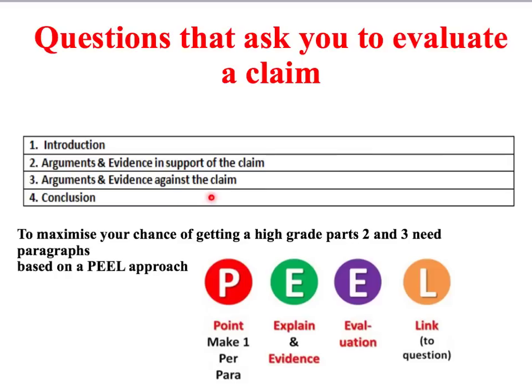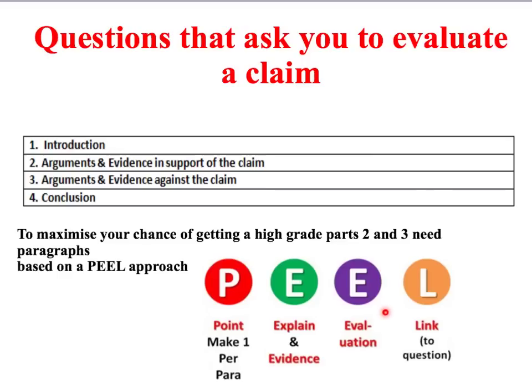Now, the easiest way of making sure that you get a really high mark for this type of question is to make sure that in sections 2 and 3 of your essay, so the main body of your essay, most of your paragraphs are based on this pill approach, where you clearly make a point, you explain that point, you link it to relevant examples and sociological evidence, you link it explicitly to the question, and you also include some explicit evaluation.